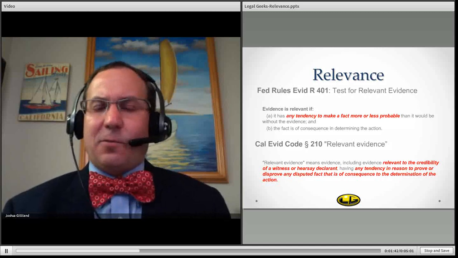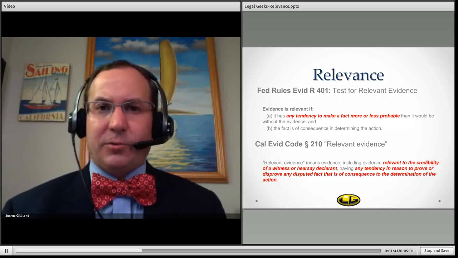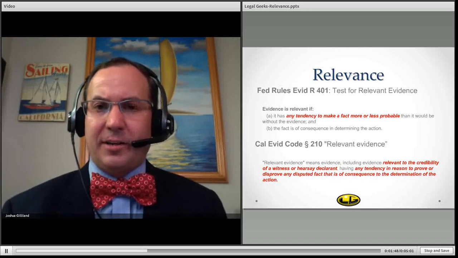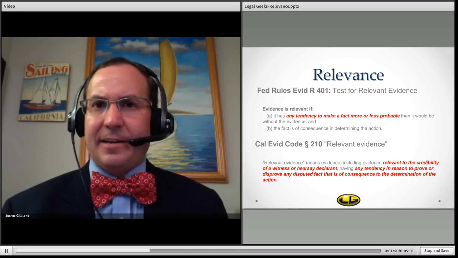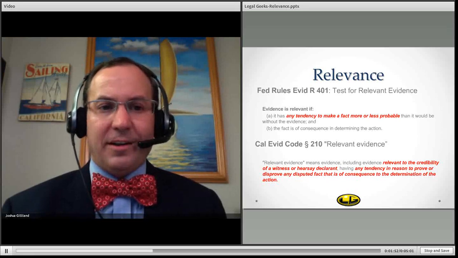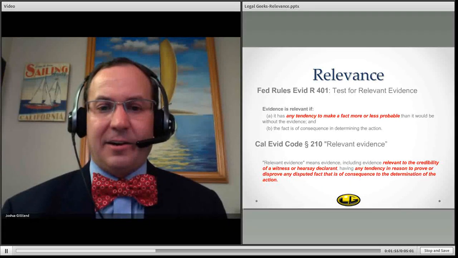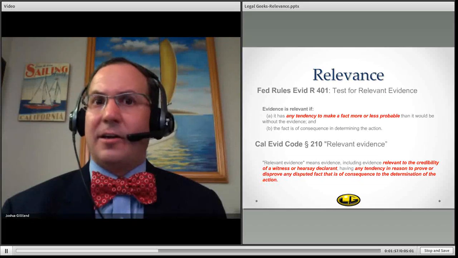This is always exciting for California attorneys who also practice in federal court because they have to be familiar with two different code sections that effectively have the same goal about defining relevance and not having irrelevant information come into court.